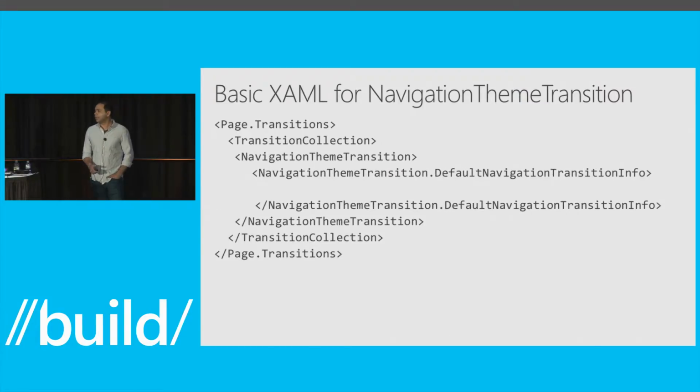So inside the navigation theme transition, there is a property called the default navigation transition info. And for what you saw in the previous slide, you'll specify the slide navigation transition info inside of this. And that's it. This code is pretty common. You'll write the same code, and mostly change the parts that are highlighted in there.